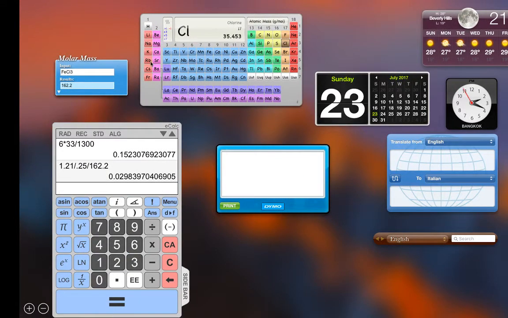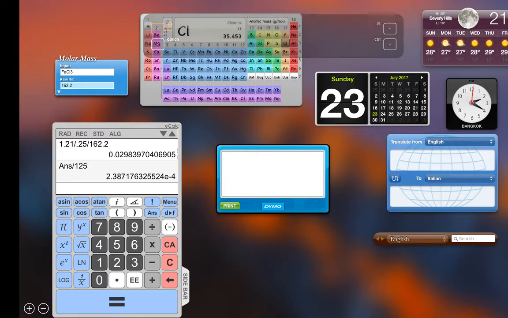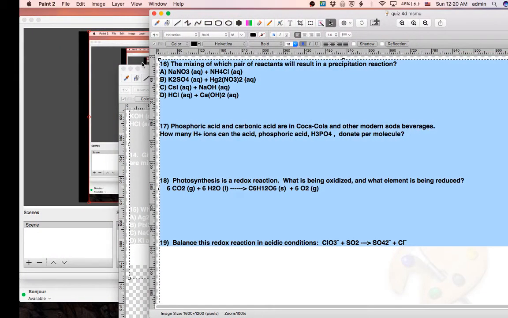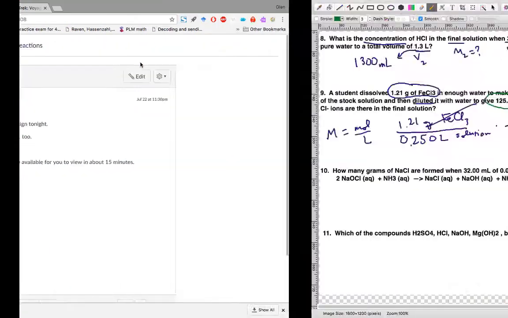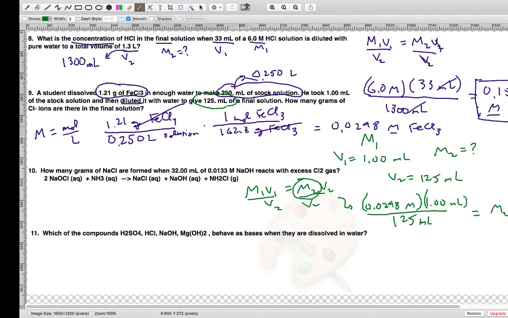So this divided by 125, that is 2.39 times 10 to the negative fourth molar. So the milliliters cancel. What is this? FeCl3 still? Yes, it's the same thing.